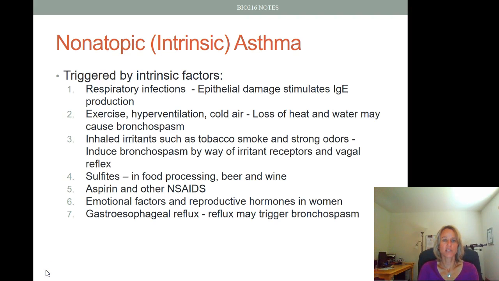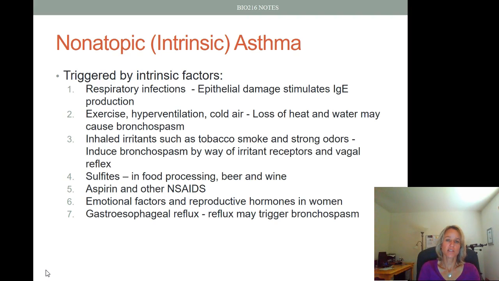Non-atopic or intrinsic asthma is triggered not by allergens but rather by intrinsic factors such as respiratory infections. It's thought that the epithelial damage can stimulate IgE production. Exercise, hyperventilation, cold, dry air. This loss of heat and water may trigger bronchospasm.